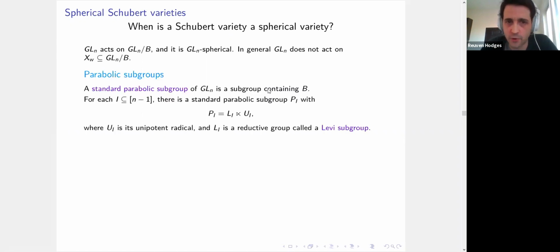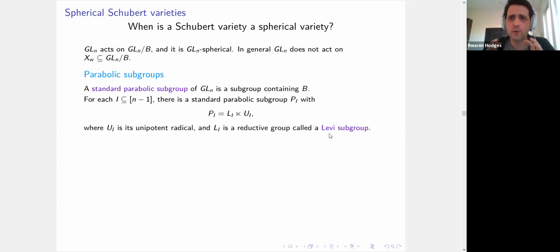So parabolic subgroups. A standard parabolic subgroup of GLN is just a subgroup that contains the upper triangular matrices. It turns out that for each I in bracket n-1, there is an associated standard parabolic subgroup P sub I. This P sub I decomposes as a semi-direct product of two subgroups, Li and Ui. Li is a reductive group called a Levi, and Ui is the unipotent radical.